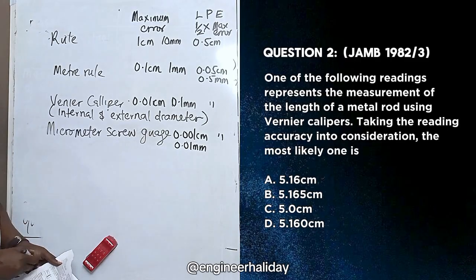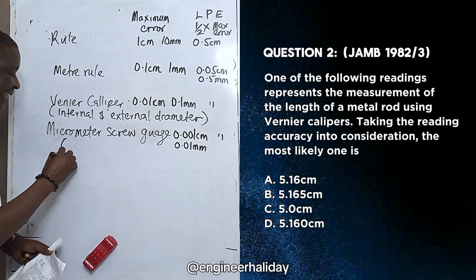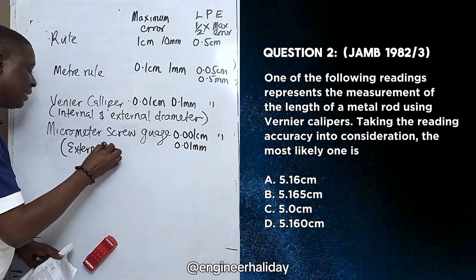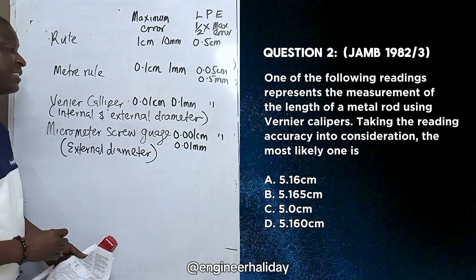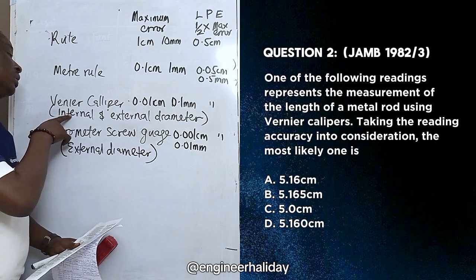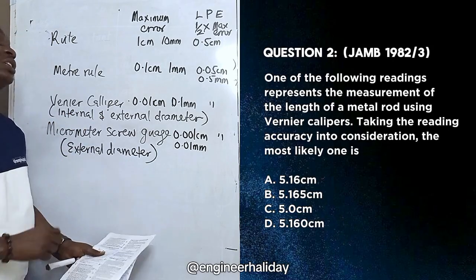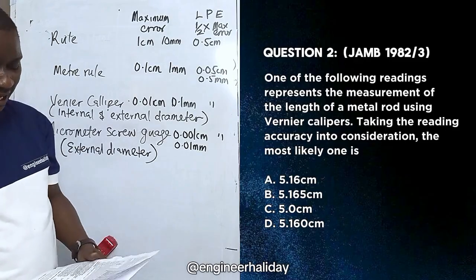So the difference between them is that this one measures more accurately what this one could not measure. And again, this one only measures external diameter. So that means vernier caliper has an advantage in this regard, that you can measure both internal and external. But micrometer screw gauge can only measure external diameter.